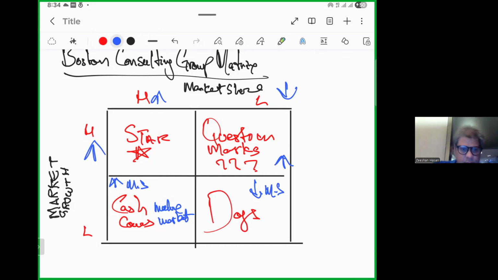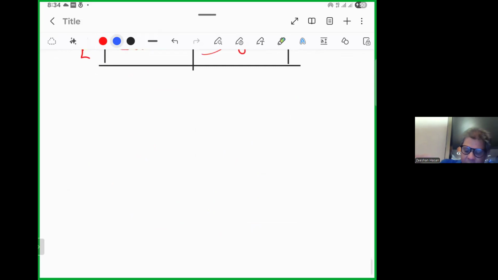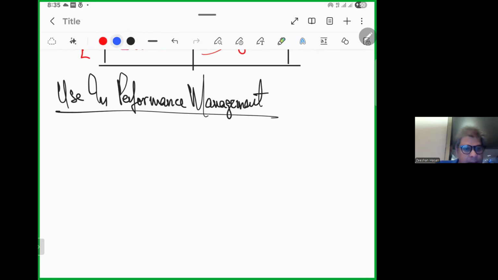So, as far as use in performance management is concerned, the metrics can be used to identify the potential for a product or business unit.